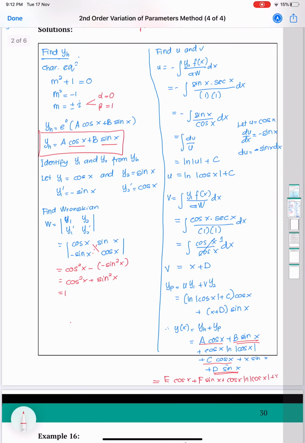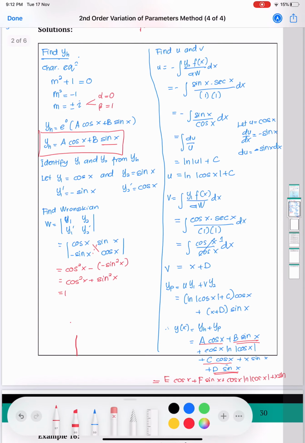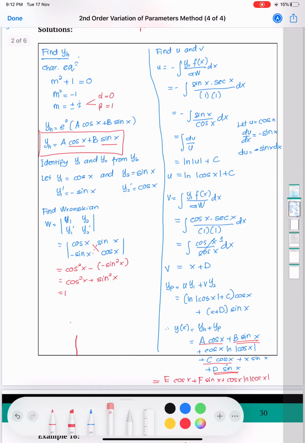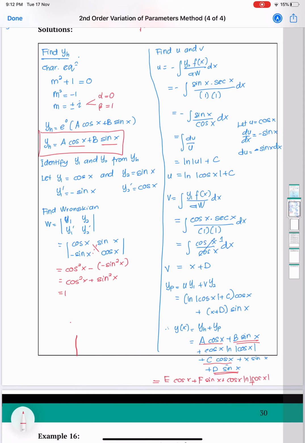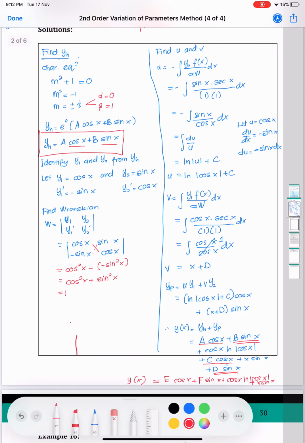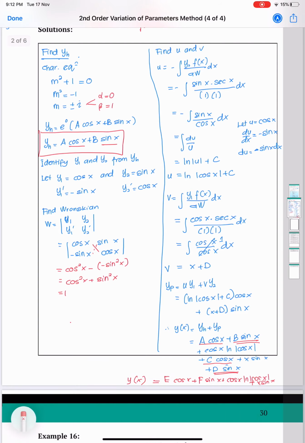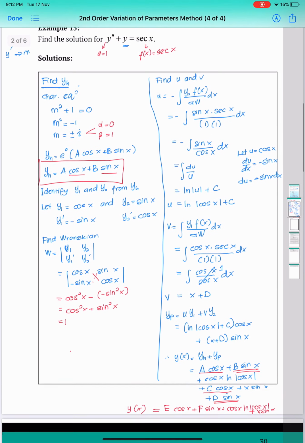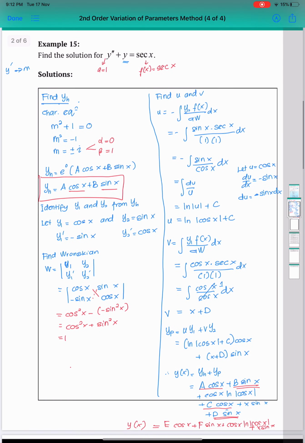Plus x sin x. I'm sorry for the very small space. Plus x sin x. So that is my final answer. So this is my y(x). So that is how to solve a second order differential equation by using method of variation of parameters.